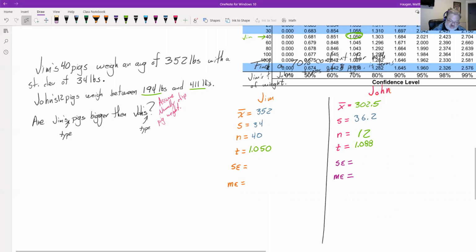So our standard error: 34 divided by the square root of 40 for Jim, and 36.2 divided by the square root of 12 for John. So Jim's is 5.3759.